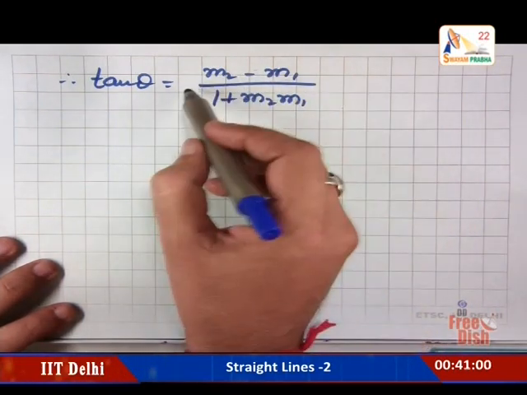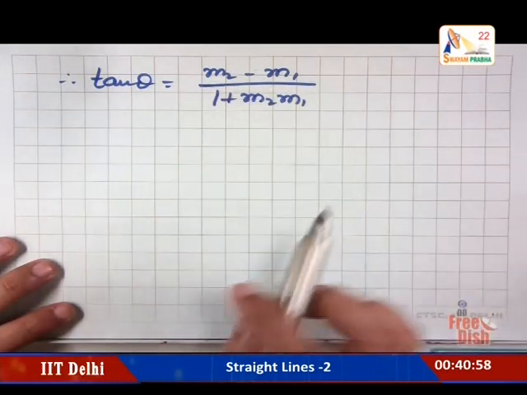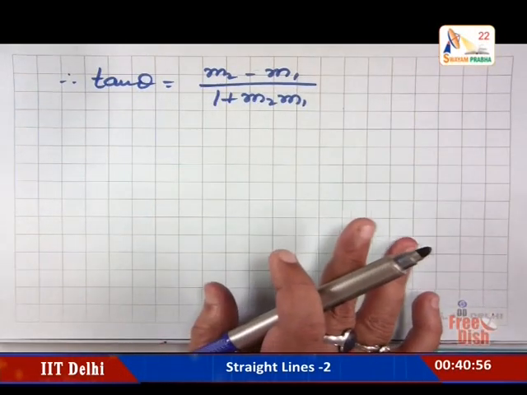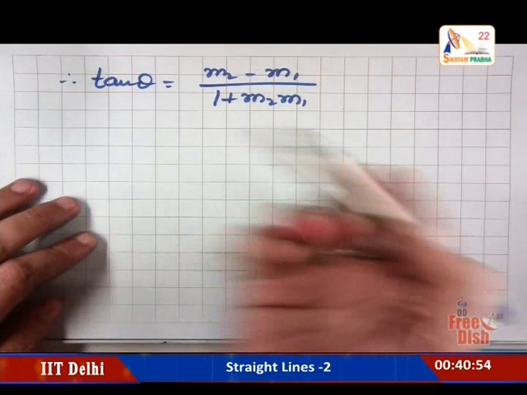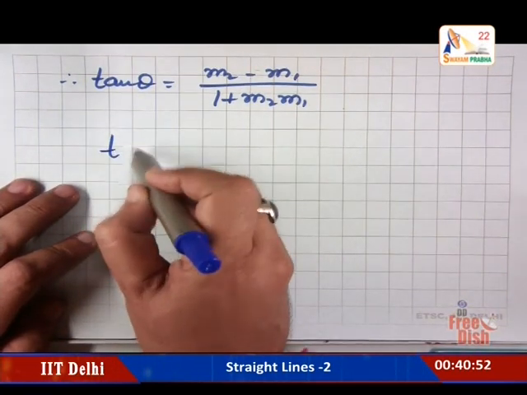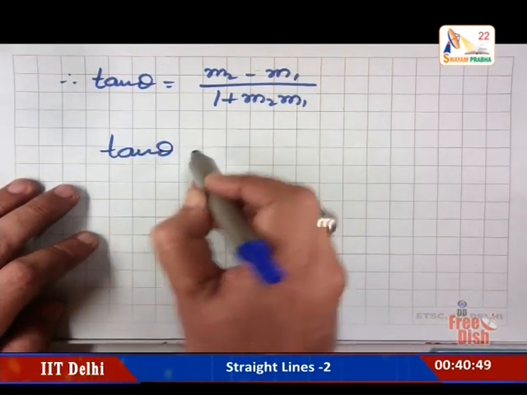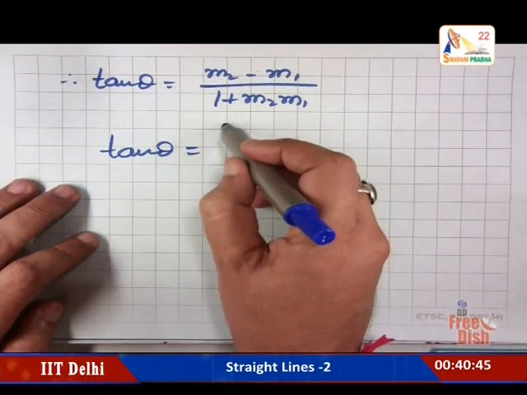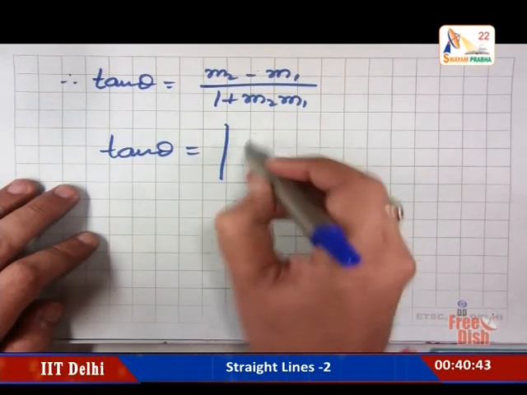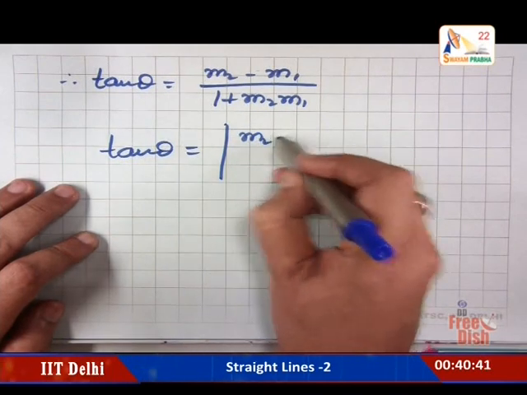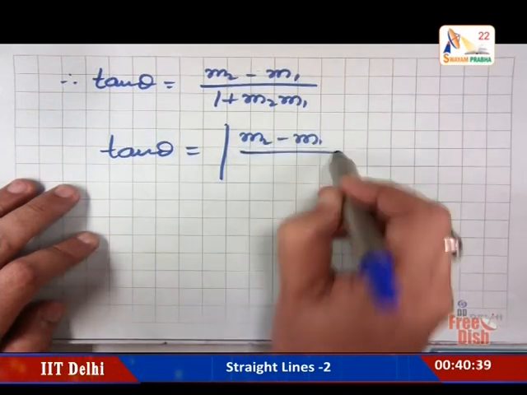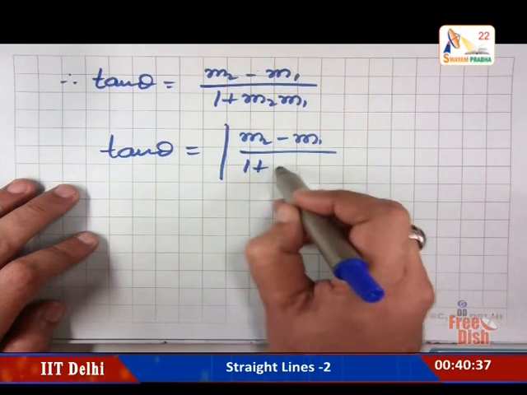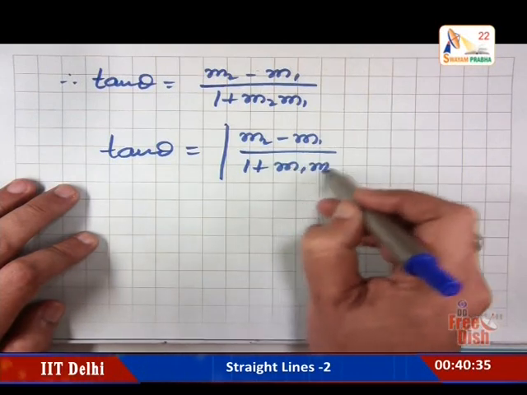If the sign of this is minus, then this is an obtuse angle. So finally we can say the angle between any two lines when slopes are known is mod of M2 minus M1 by 1 plus M1 M2.